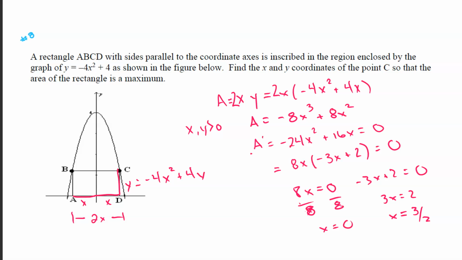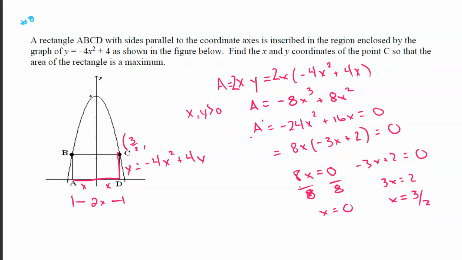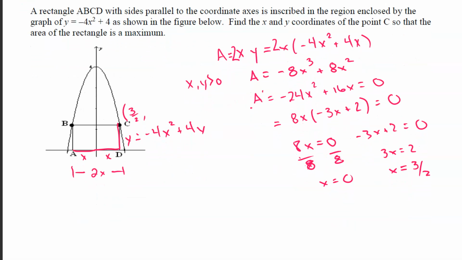All right, so 0 doesn't make sense. 3/2, well, that makes sense. So we've got the x coordinate here because we just said x is 3/2, right? We need to make sure that's a maximum, and once we've done that, we can find the value of y.